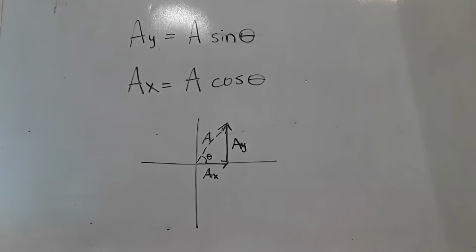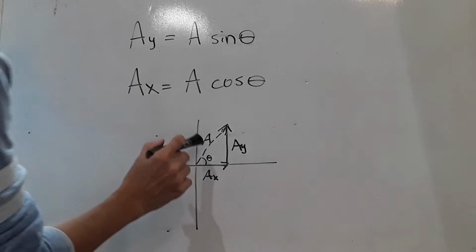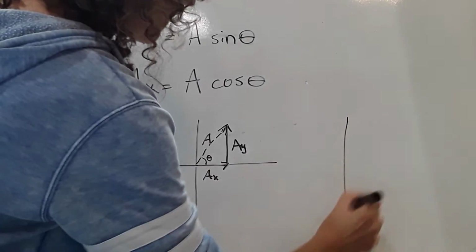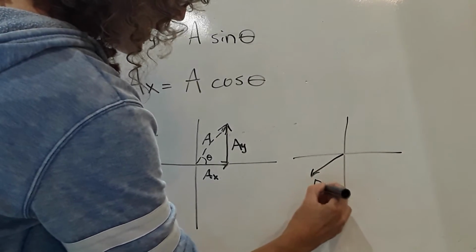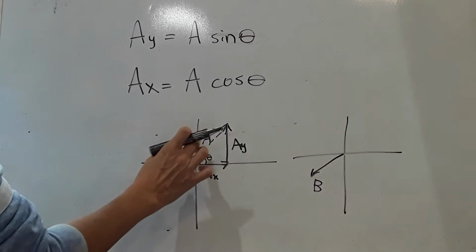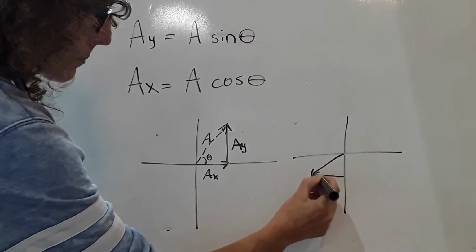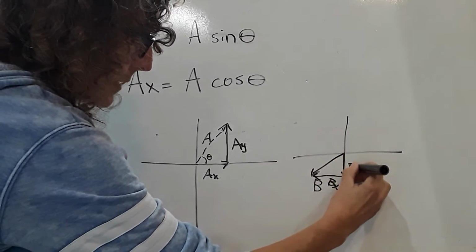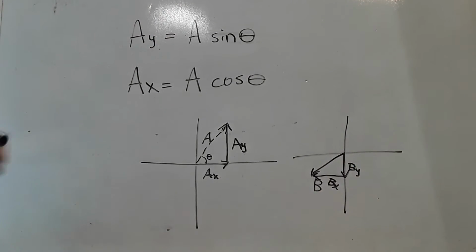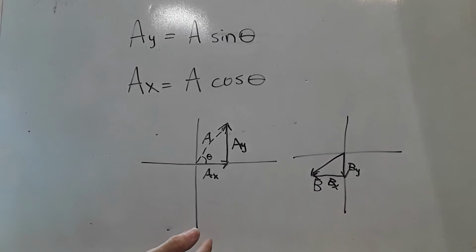We did talk about briefly that when you add vectors, say you're wanting to add an A vector and a B vector, say you have a B vector over here that's doing something different, like this, and this is B. If you want to add vector A and vector B, you're going to find the x component of B and the y component of B, and you're going to separate that out and make a two-dimensional problem basically two one-dimensional problems.